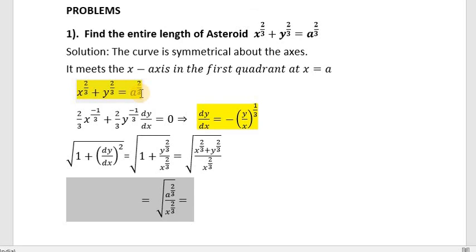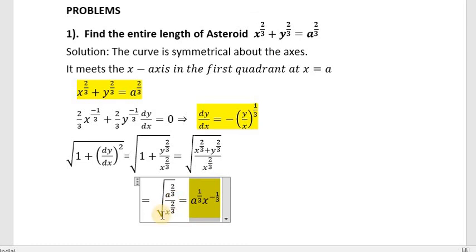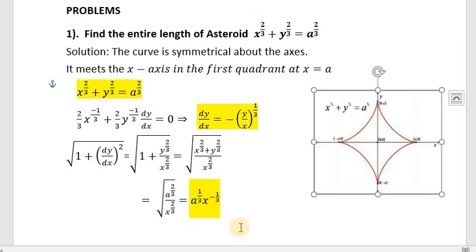So let us write a to the power of 2/3 in the numerator divided by x to the power of 2/3. Now removing the square root, we get a to the power of 1/3 in the numerator and in the denominator also x to the power of 1/3. A to the power of 1/3 into x to the power of minus 1/3, the denominator is taken to the numerator, so it is x to the power of minus 1/3.